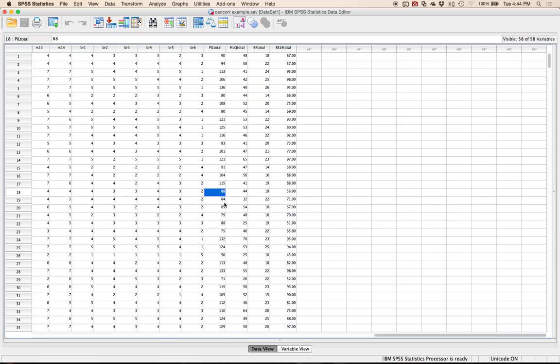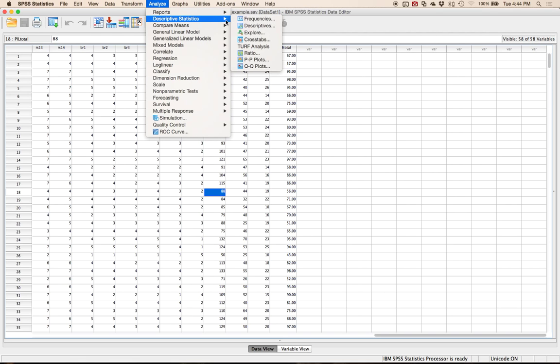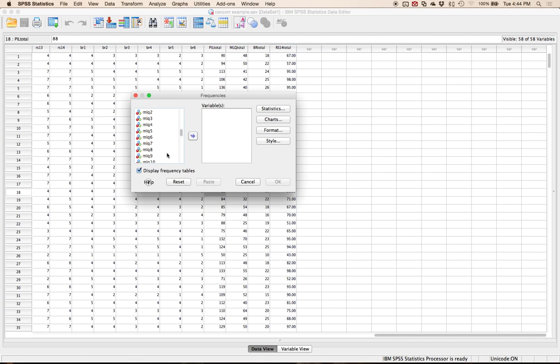So the first thing I'm going to do is prove to you I don't have any missing data or accuracy errors. So analyze, descriptives, frequencies. I have all the original scores here, but I'm going to use these 4. And so my quick caveat, when you are running a canonical correlation or any type of analysis where you have all of the original questions and you create this total score or subscale score, I would suggest analyzing for outliers separated by scale.